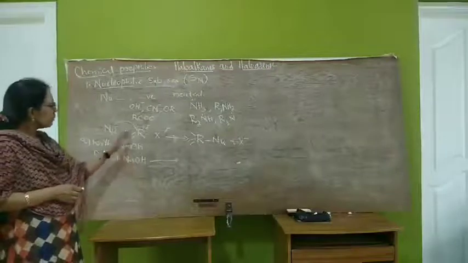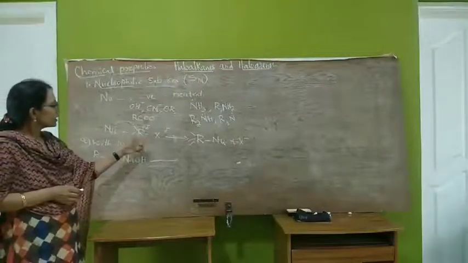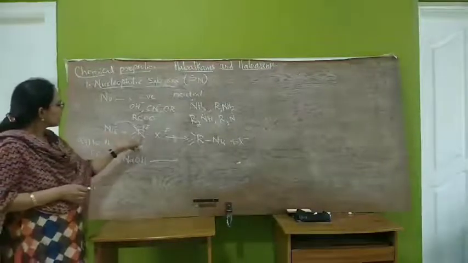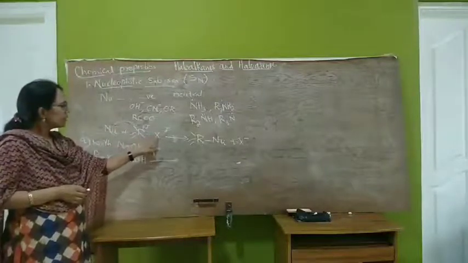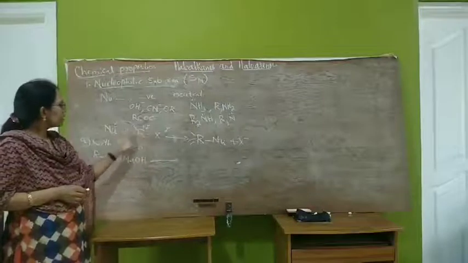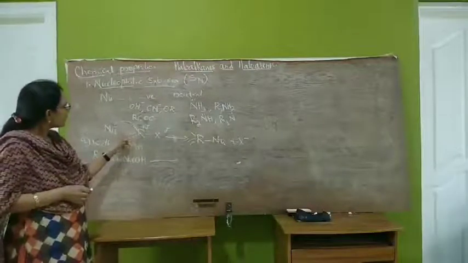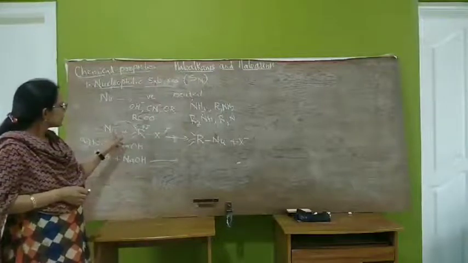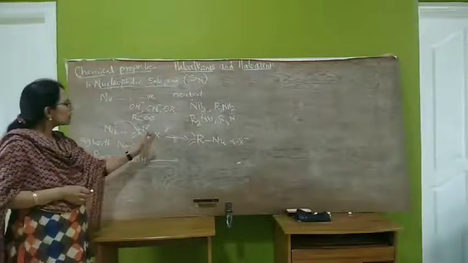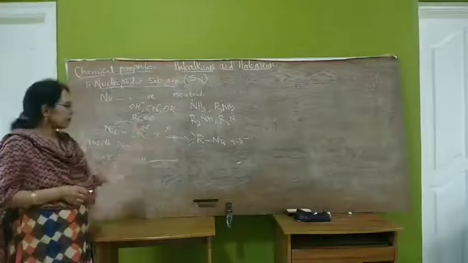One important thing we have to remember here: the stronger the bond between carbon and the attacking group, the more stable it will be. So the attacking group should be stronger than the halogen group. The more basic the group, the better the leaving group leaves; the halogen leaves more easily.